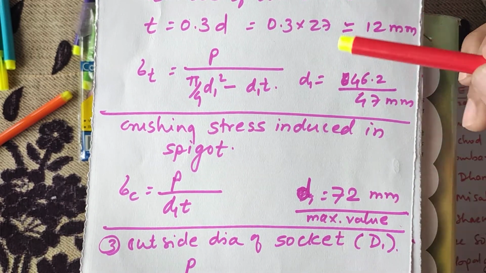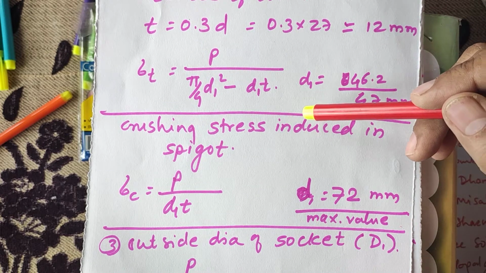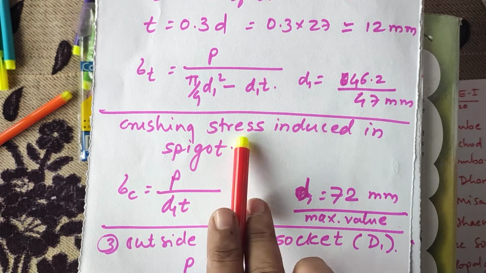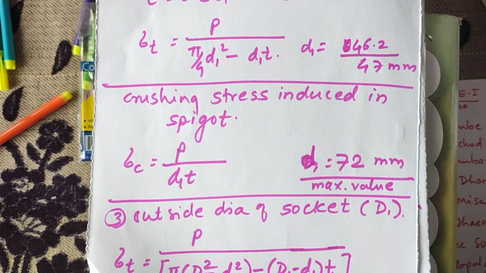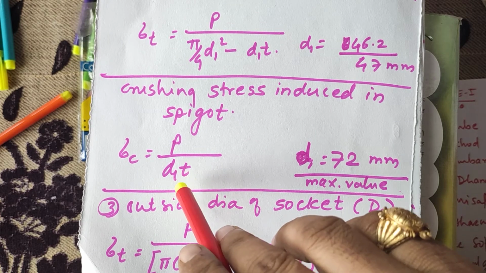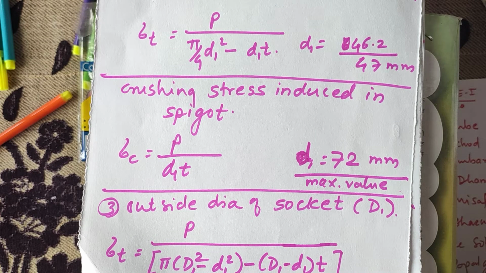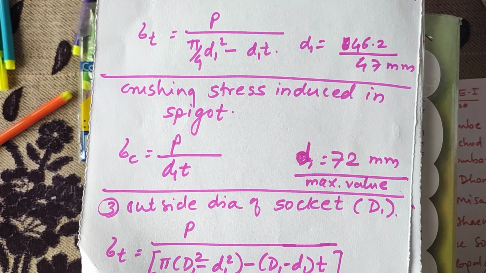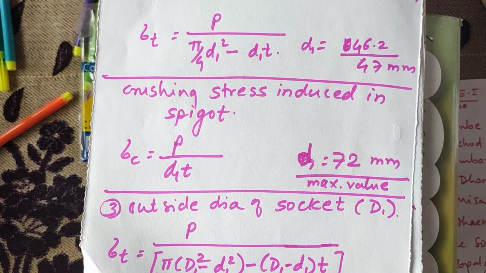Next, we consider the crushing stress induced in the spigot. For this you consider the force P and the area of the cotter slot, that is d1 into T.